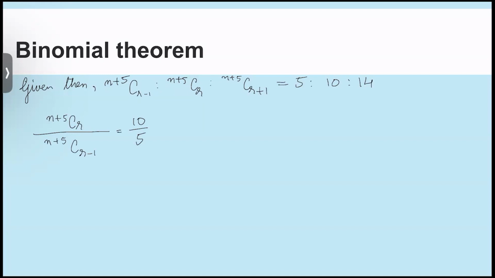So you can get the factorial form of n plus 5 c r and n plus 5 c r minus 1.